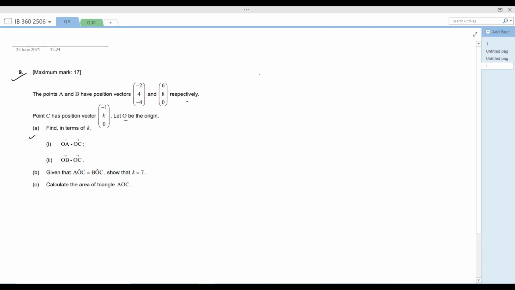We just need to multiply the i terms with i terms, j terms with j terms and k terms with k terms.